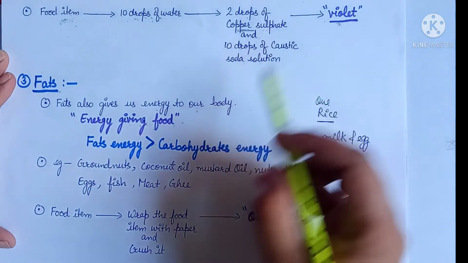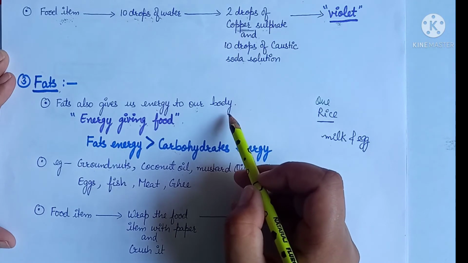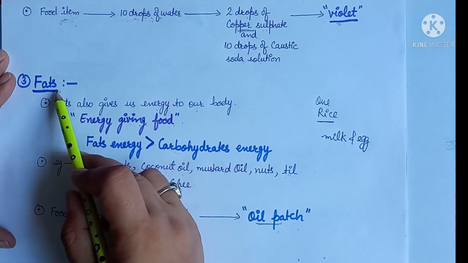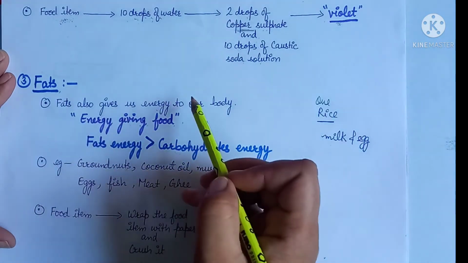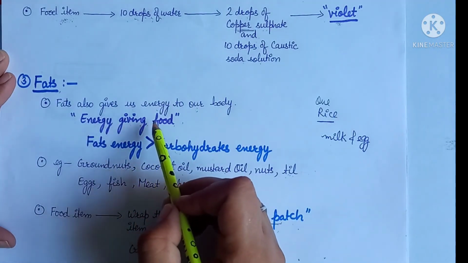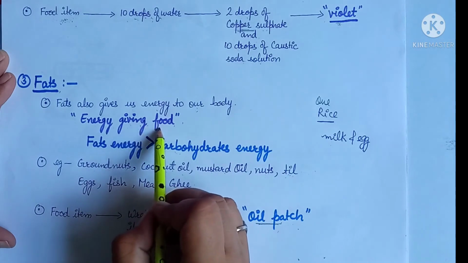Now let's move to the third major nutrient, which is fats. Fats also give energy to our body, so we can call them energy giving food.